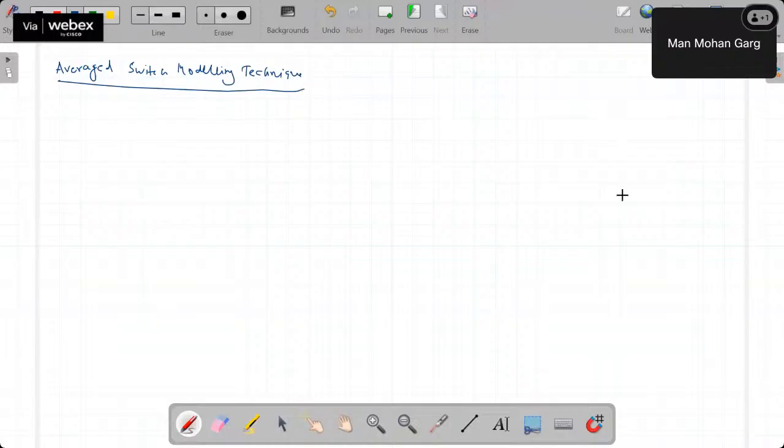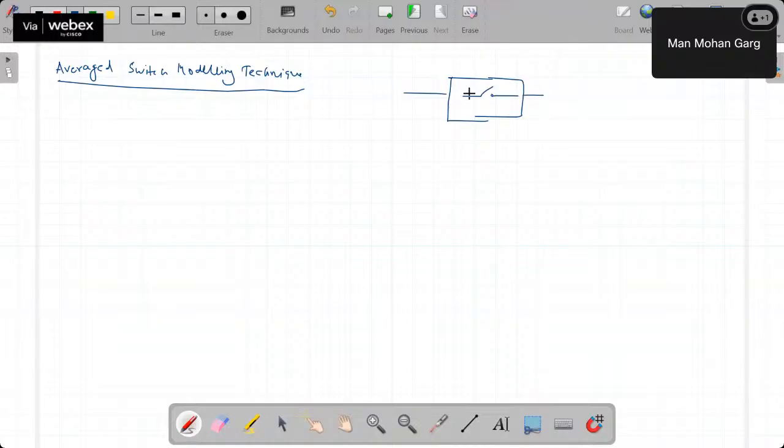So basically in the average switch model, we have this converter, this is V in, this is V out. This is the converter, this is output, this is input.